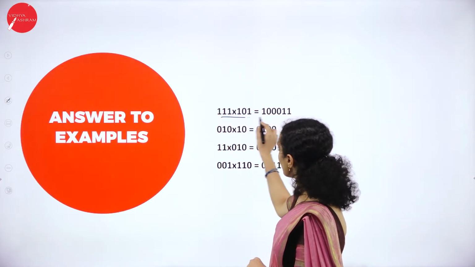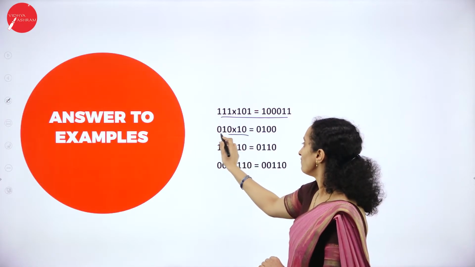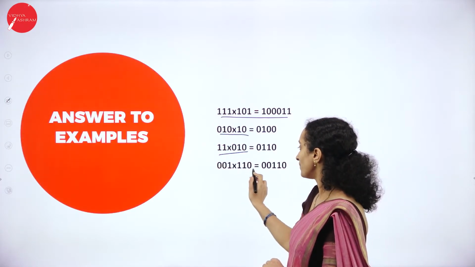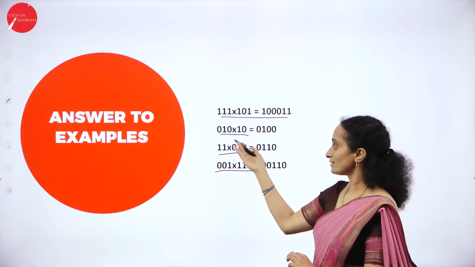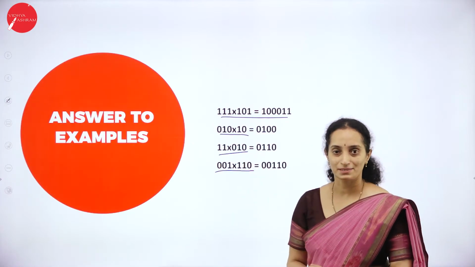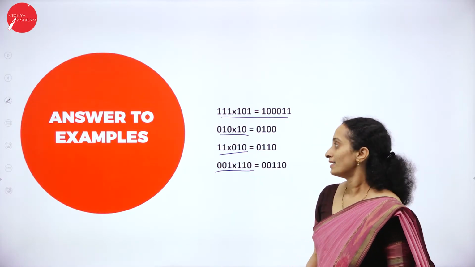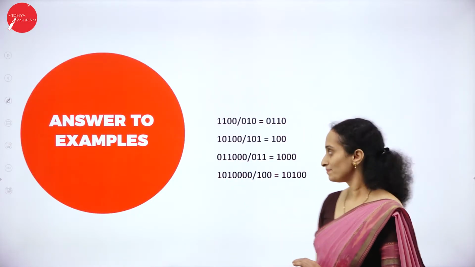Next comes the multiplication operation with the various examples. 1, 1, 1, 1, 0, 1, 0, 1, 0, 1, 0 like this. Last thing is division.